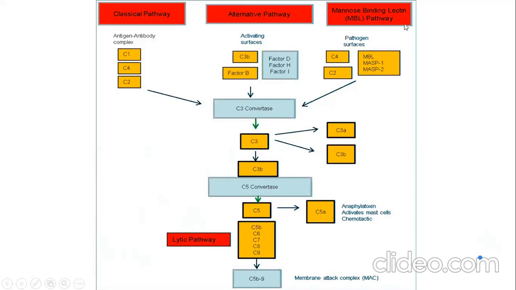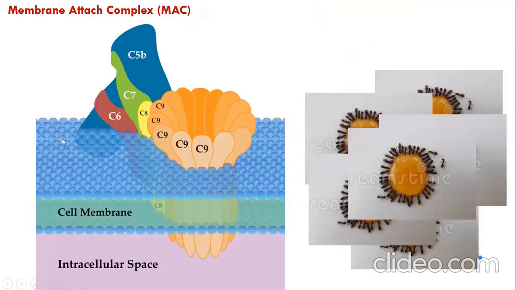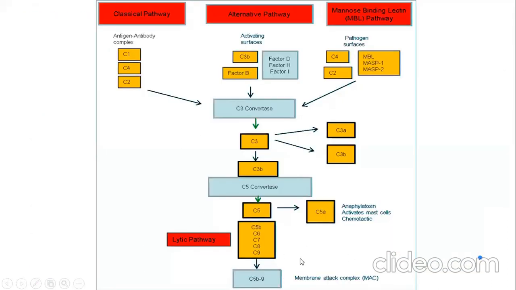One more distinction between the pathways is that from this step upwards, you have different components of the complement. For example, the classical pathway involves C4, C1, C2, and the mannose pathway C4, C2 alone, and other protein complexes called MASP1, MASP2. And here the alternative pathway involves factor D, and that quickly jumps in from C3b. We will see what the systems are independently. So all converge upon a lytic pathway that has a specific enzymatic complex.